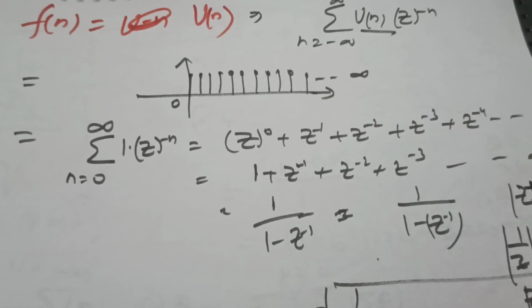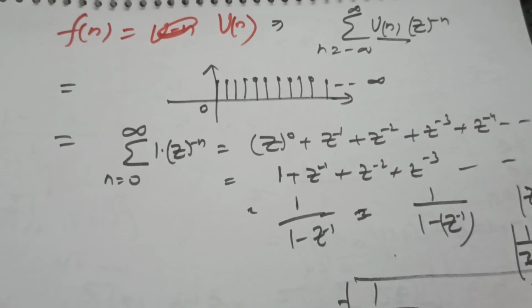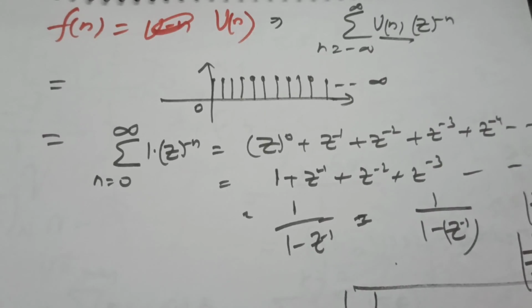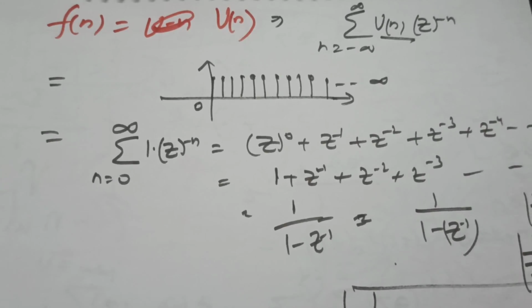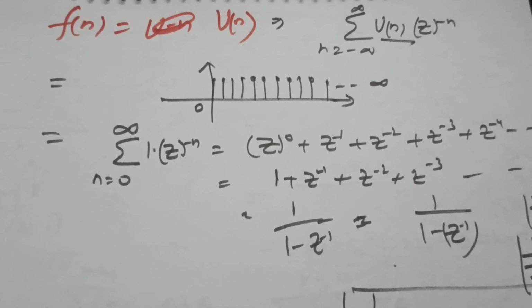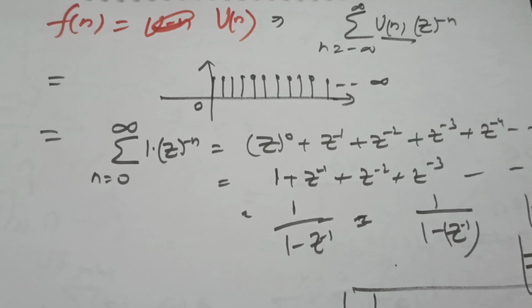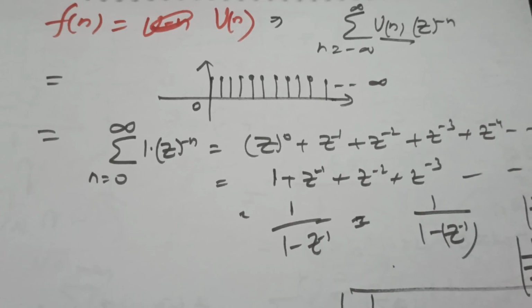Automatically when we keep u[n], the limits change from 0 to infinity. So now what we are left with is Z to the power minus n, and the summation is done from 0 to infinity, which yields Z to the power 0 plus Z to the power minus 1, Z to the power minus 2, and so on till n equals infinity.